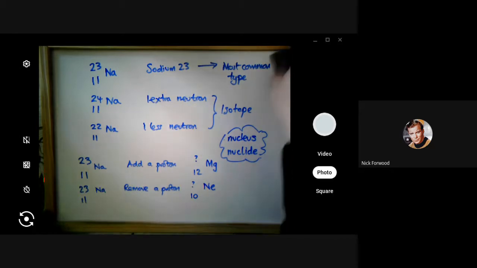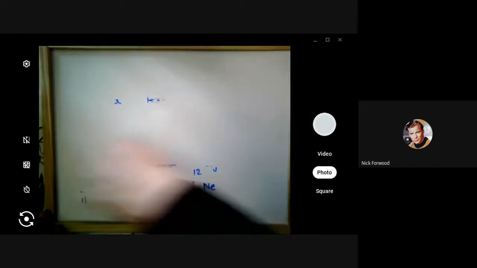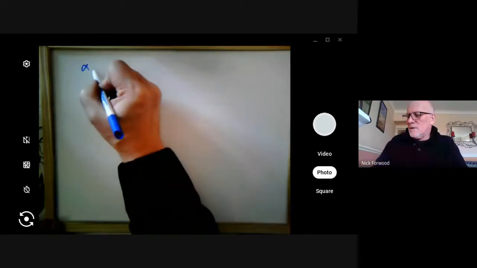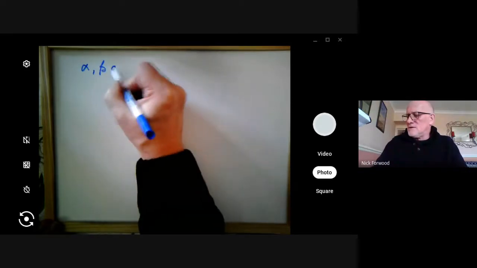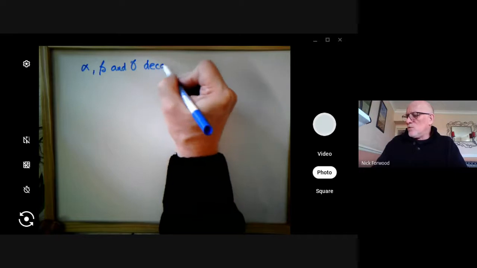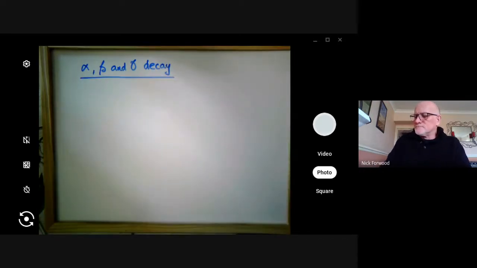Okay, so we've looked at atomic number, we've looked at mass number, we've looked at isotopes. We're now going to have a look at alpha, beta, and gamma decay, and what that does to the nucleus of the atom.